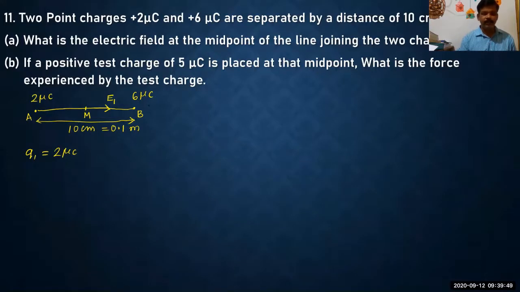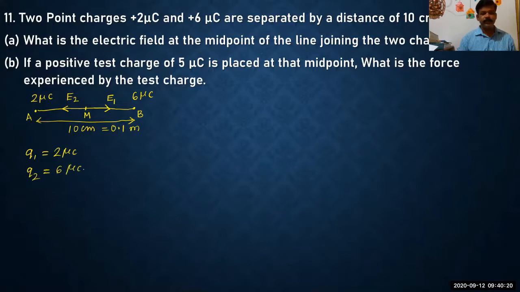Similarly, the electric field due to the second charge, E2, will be in this direction. As E1 and E2 are opposite in direction, you take the difference between them to get the resultant field. Any doubt, dear students? Shall we start?